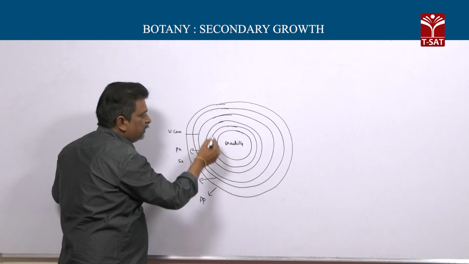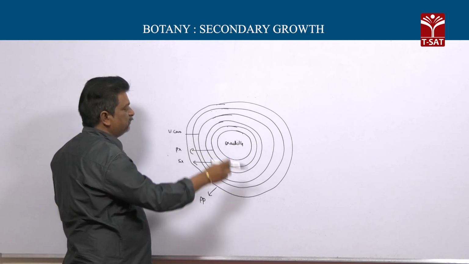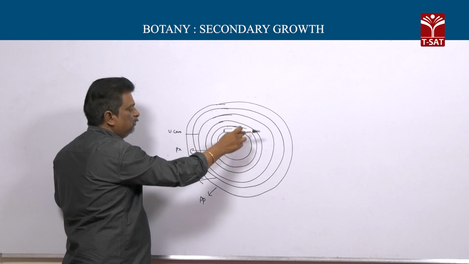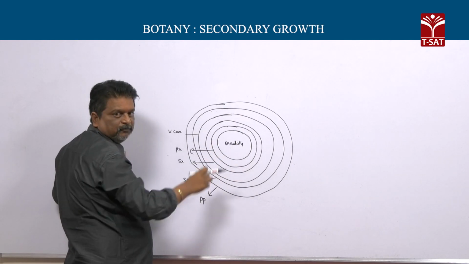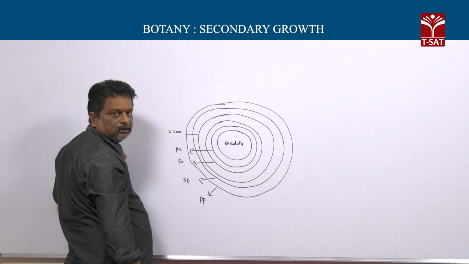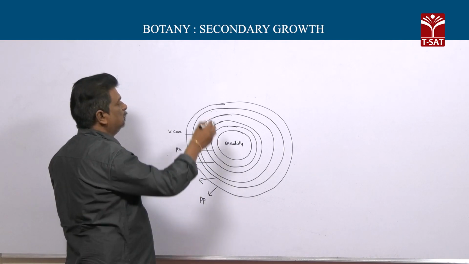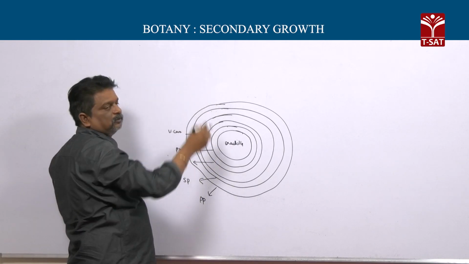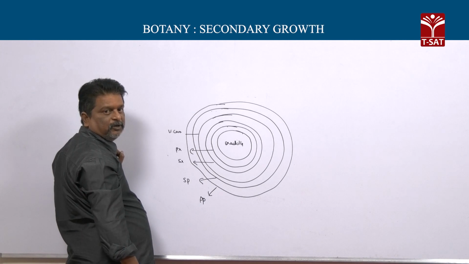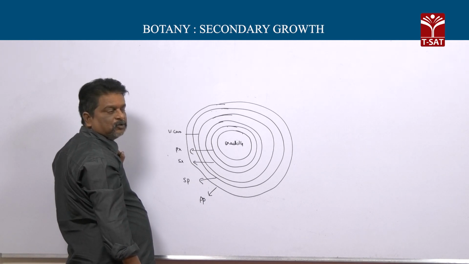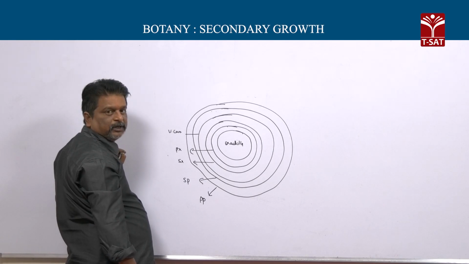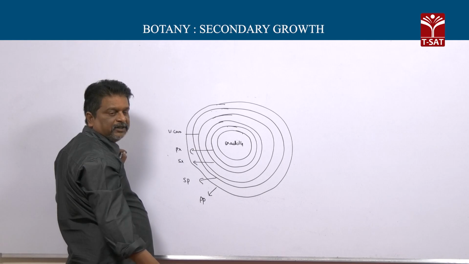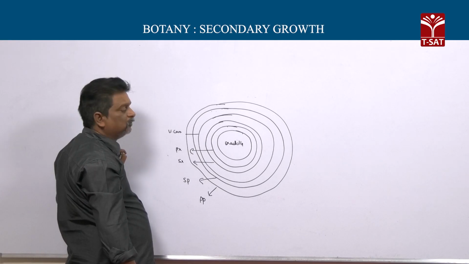Due to the activity of the vascular cambium, when secondary tissues are formed on the inside, pressure is developed on the outer side. So the outer protective layers like the epidermis and the underlying cortex are destroyed.